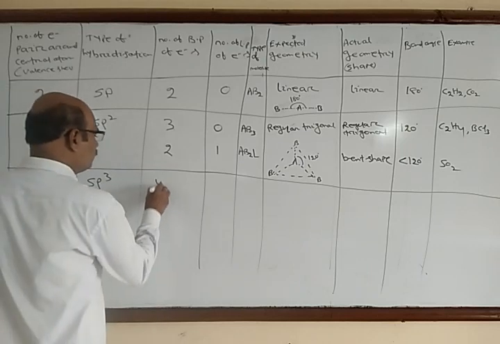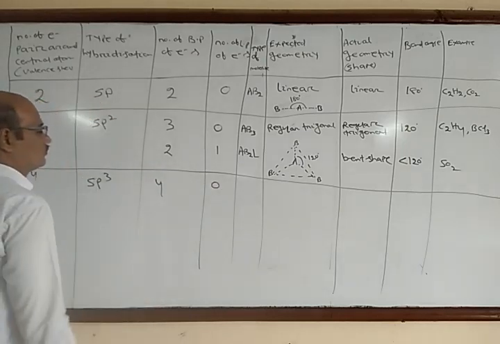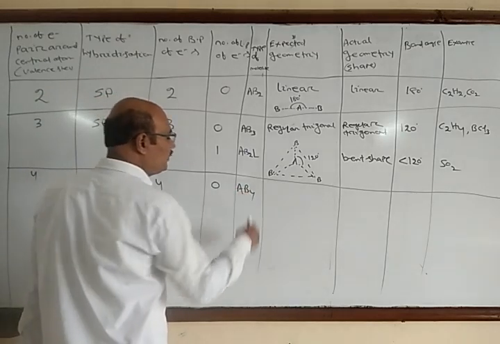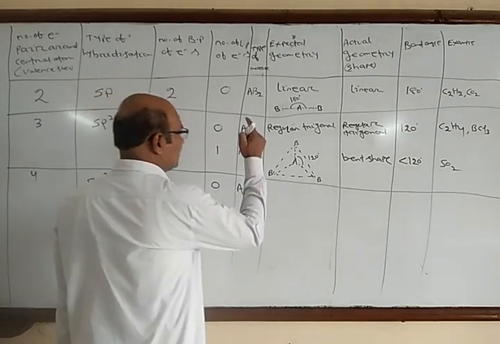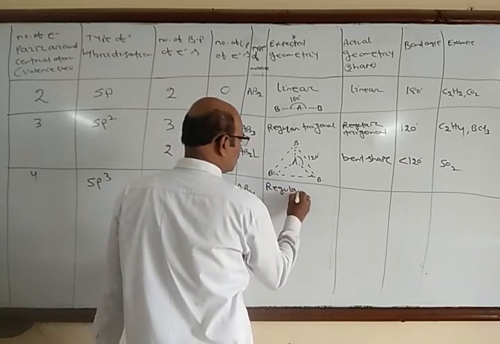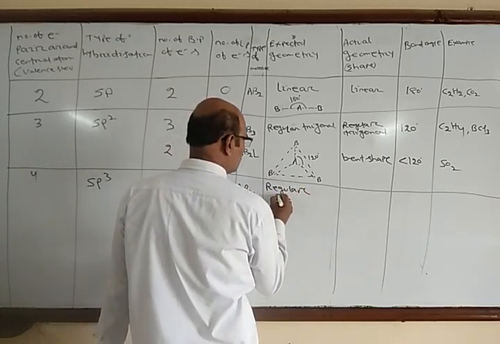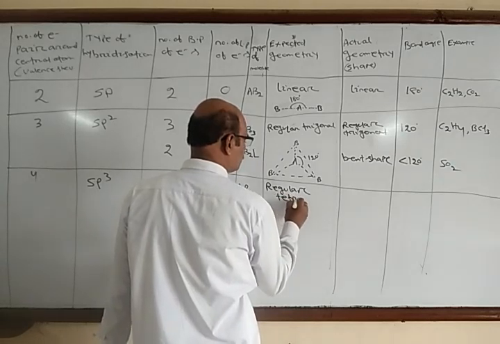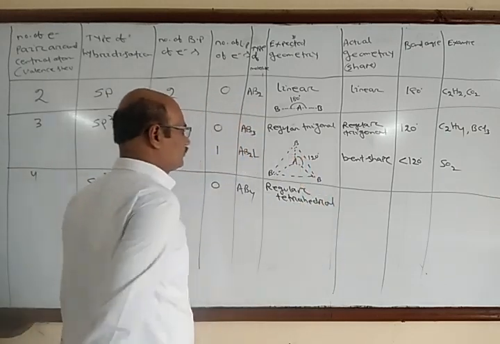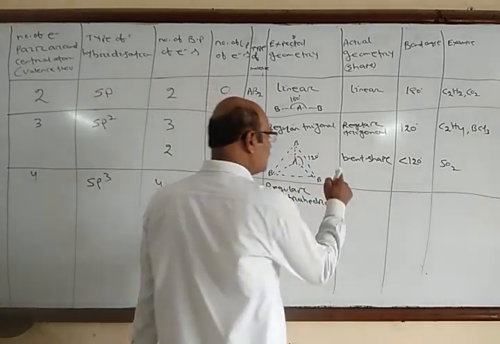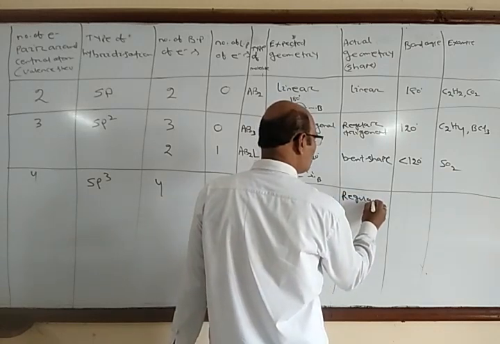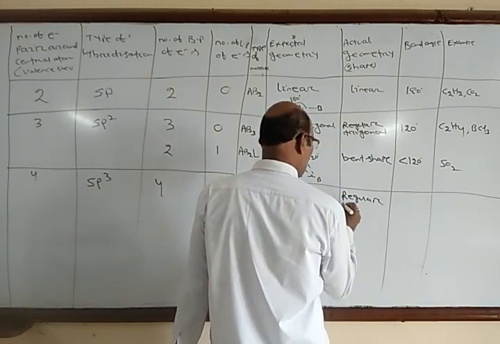This can be 4, 0, AB4 type, and the expected geometry is regular tetrahedral, and the actual geometry is also regular tetrahedral.